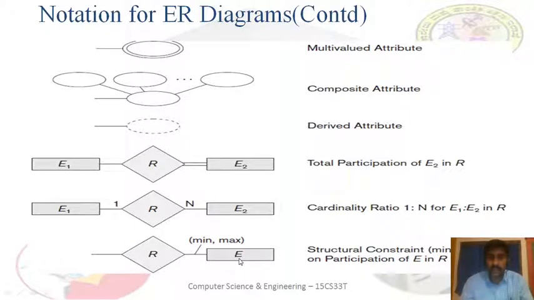This indicates the participation of an entity in relation R with max and minimum structural constraint. This is about the ER diagram notation.